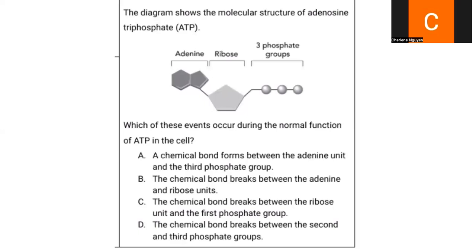That's not the one that holds the high energy. And letter C, the chemical bond breaks between the ribose unit and the first phosphate group. We're not really talking about that bond there. That's not the one that holds our high energy. D, the chemical bond breaks between the second and third phosphate groups. It's referring to this right here, and that is correct. So D is indeed correct.